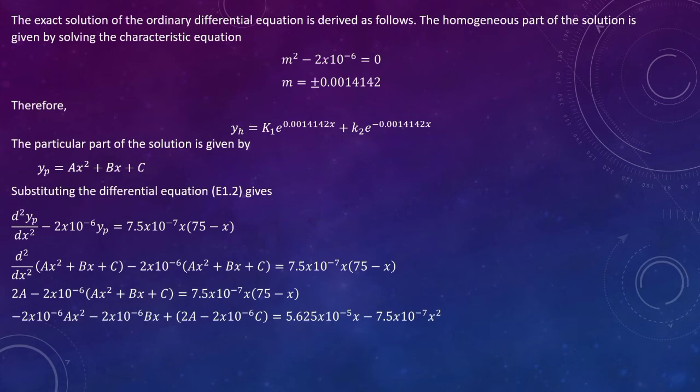m squared minus 2 times 10 raised to the power negative 6 is equals to 0. m is equals to plus minus 0.0014142. So, m squared equals negative 2 times 10 raised to the power of negative 6, kaya transpose siya.